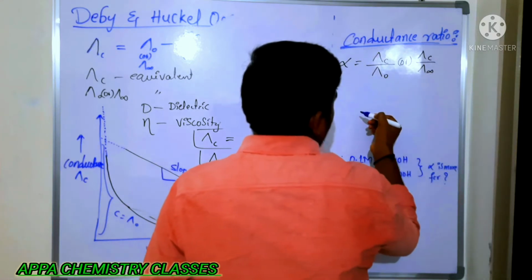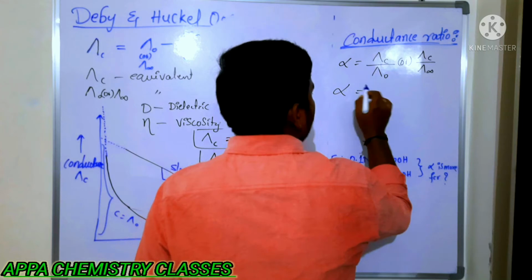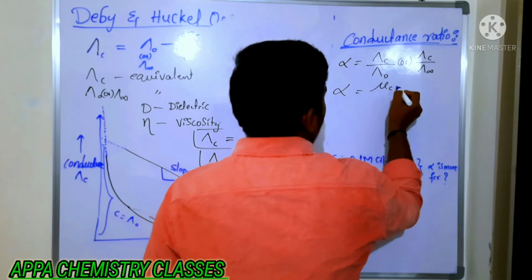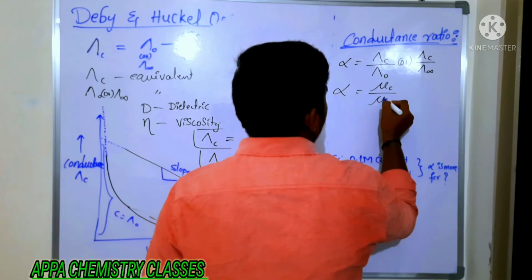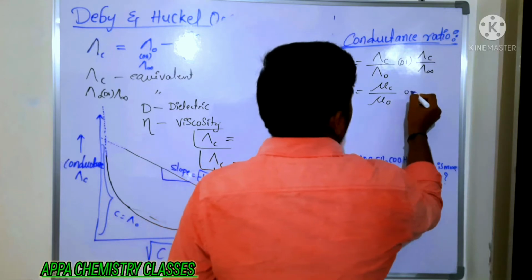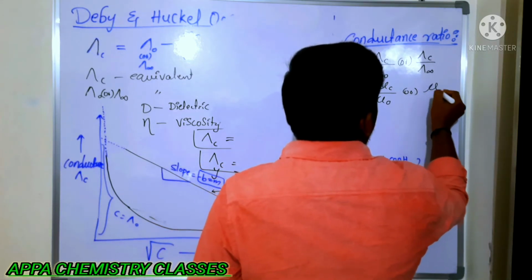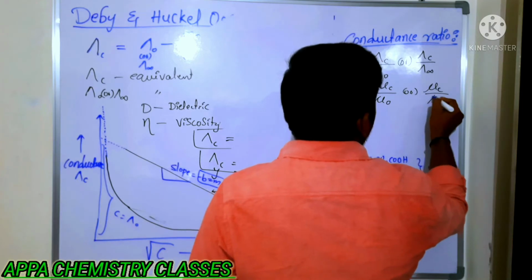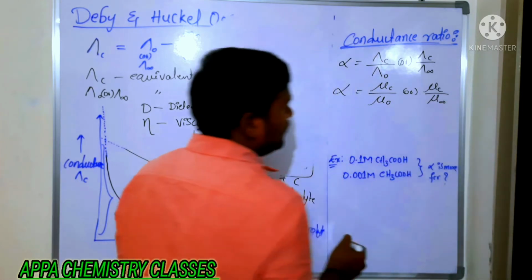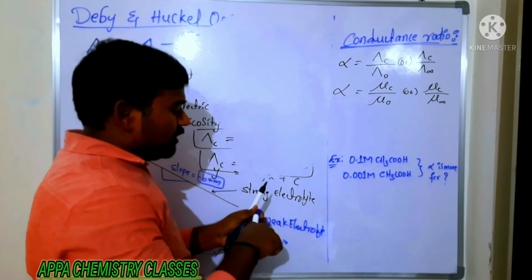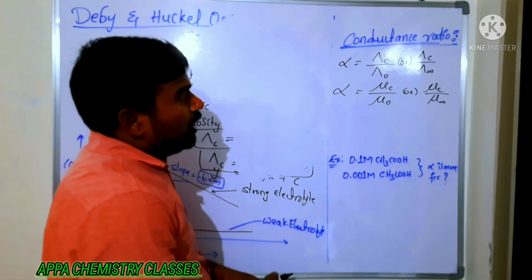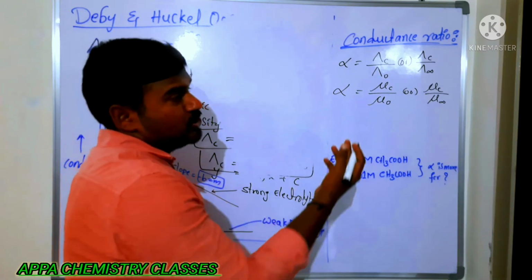We can write it for molar conductance also: molar conductance at a particular concentration to the molar conductance at infinite dilution. That is the relation for the molar conductance ratio.